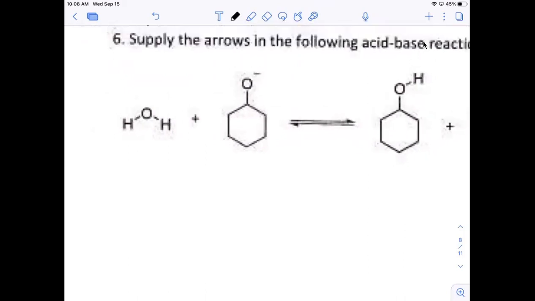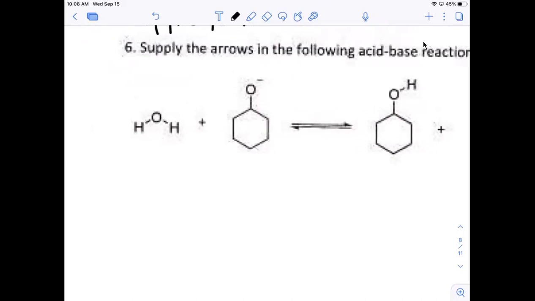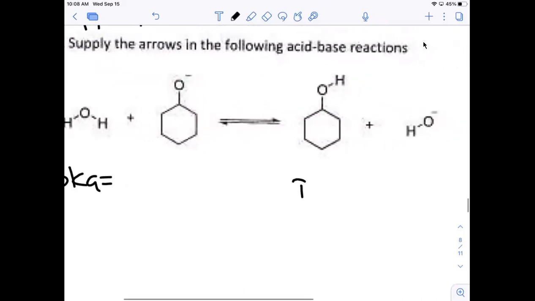So while we're working through the arrows, somebody look up the pKa for water, and somebody look up the pKa for cyclohexanol.